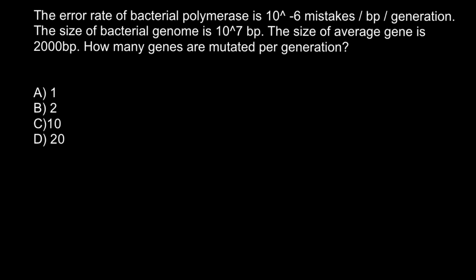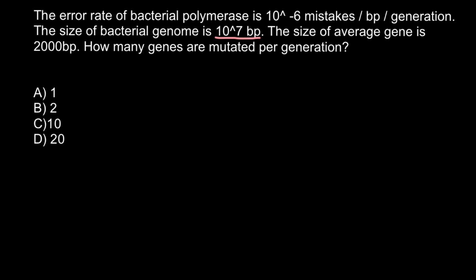I also have a comment about this number. The actual number of mistakes from the literature is 10 raised to minus 8. So one mistake per 100 million base pairs. But as I said, the realistic number of base pairs is 10 million per one bacterium.